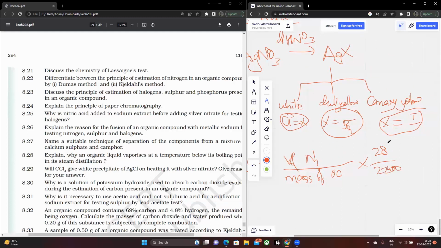Because this is volume in milliliters, these many milliliters occupies 1 mole at STP, and 1 mole of N2 has this mass.